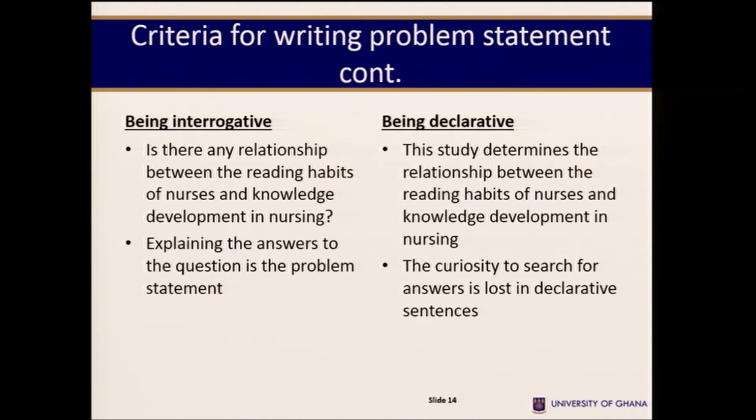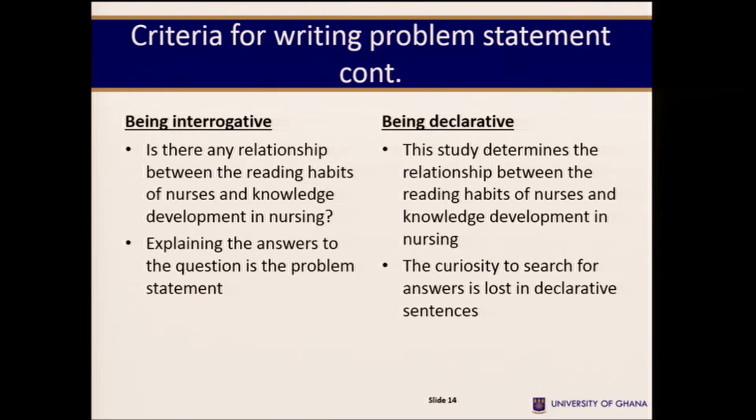If you write it in the declarative way, the curiosity to search for answers is lost because you have somehow confirmed that there are answers. So there's no need to do research. So problem statements are written in interrogative sentences, not in declarative sentences.